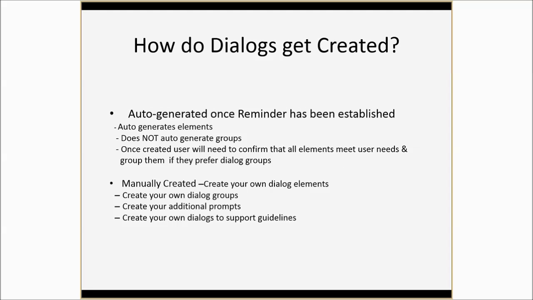So how are dialogs created? You can auto-generate them, but when you auto-generate them, they do not generate the groups. Once you bring them in, the user will need to confirm all the elements and then group them together if he prefers to have a dialog group. Manually created means you create your own dialog elements, dialog prompts, groups, additional prompts, and dialogs to support guidelines.